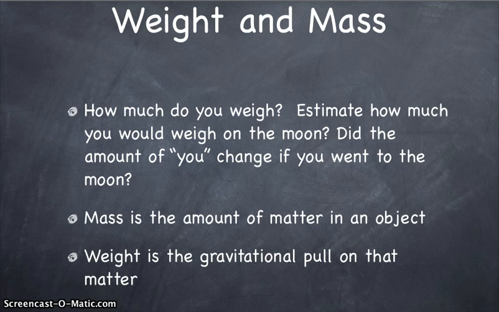Weight is the gravitational pull on that object. While your mass stays the same, the amount of you stays the same, your weight changes. Can you think of why? If you answered that the gravitational pull on Earth is different than that on the moon, then you were correct. Weight is determined by the amount of gravitational pull.